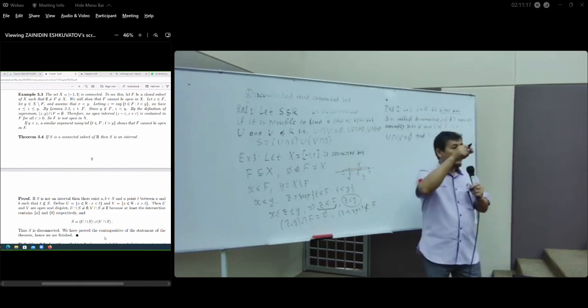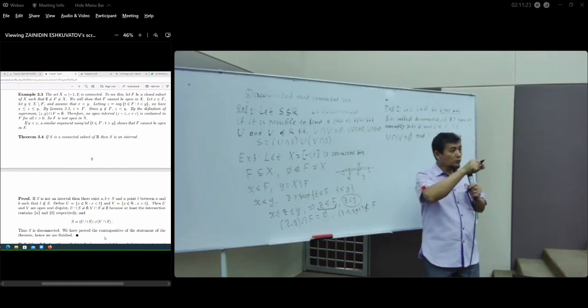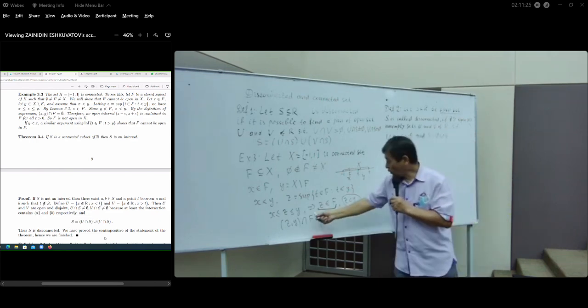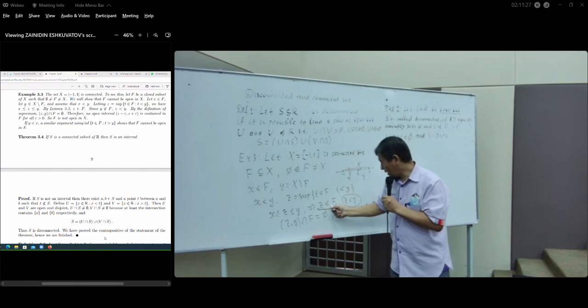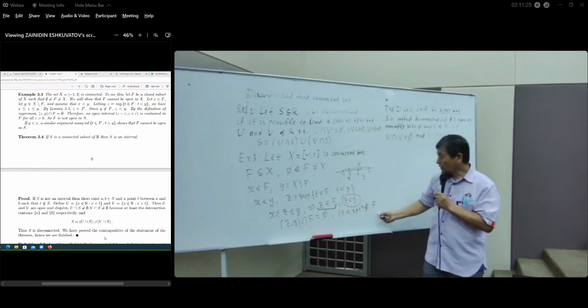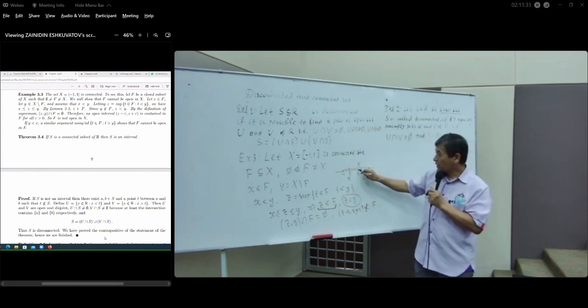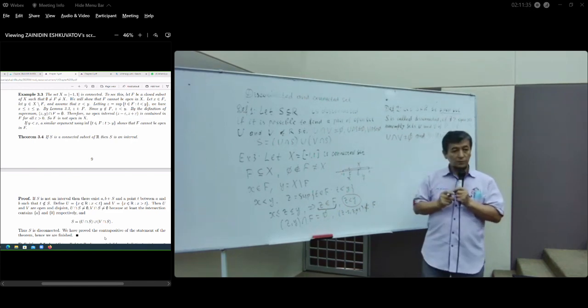Look, point Z is a supremum of F, and it belongs to F, but it is not an interior point of F. Please pay attention: Z belongs to F, but it is not an interior point.